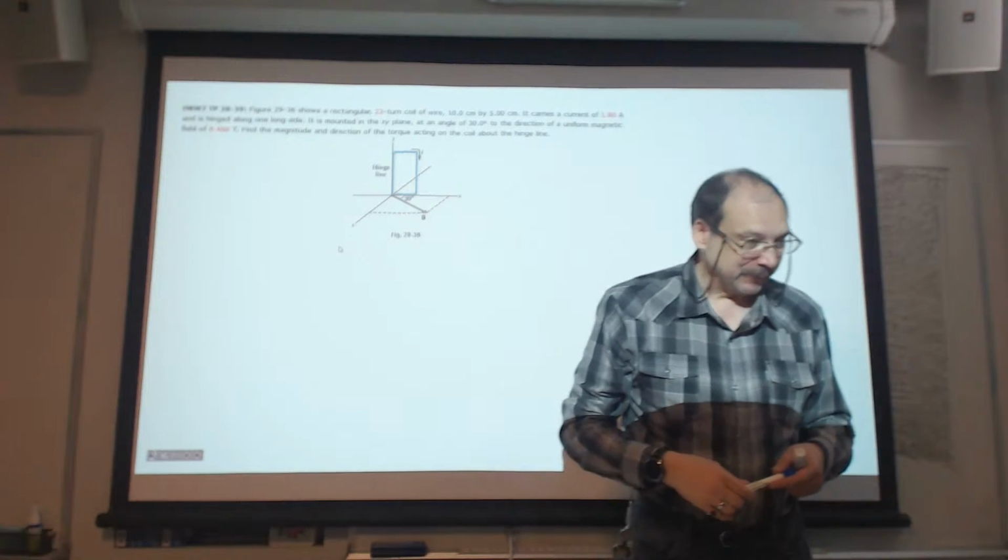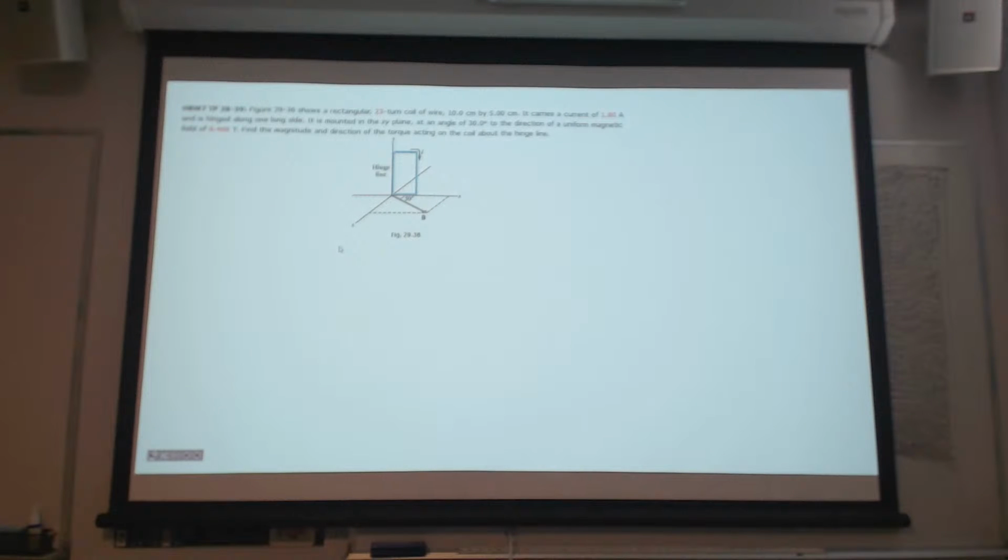Now, how does it affect the motion of the loop? The problem is this is not the best point of view, because I could draw an area vector like this, for example, but it doesn't really help to see what should happen. So we should turn this whole picture.